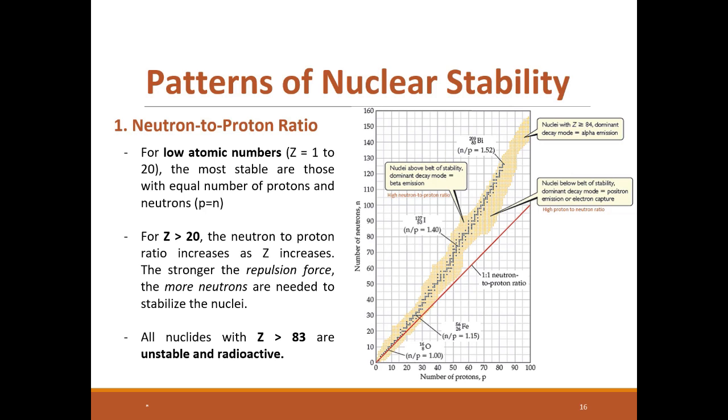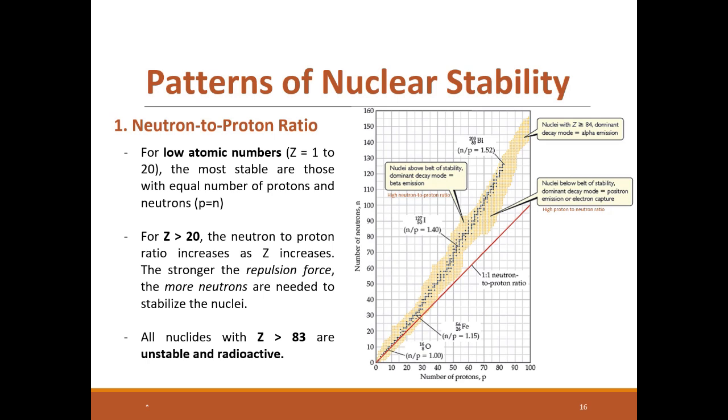The principal factor that determines whether a nucleus is stable is the neutron-to-proton ratio, or N/P. For stable atoms of elements having low atomic number, the N/P value is close to 1. As the atomic number increases, the neutron-to-proton ratios of the stable nuclei become greater than 1.